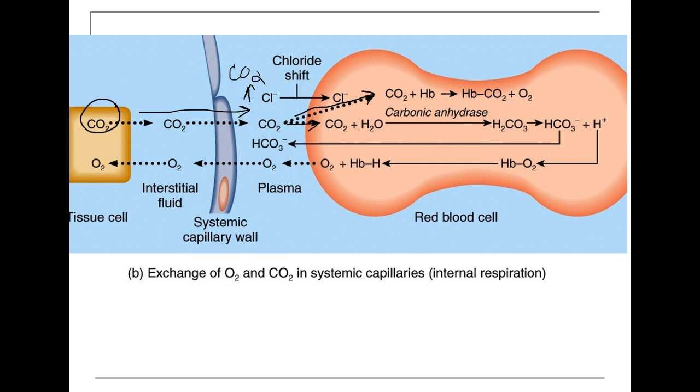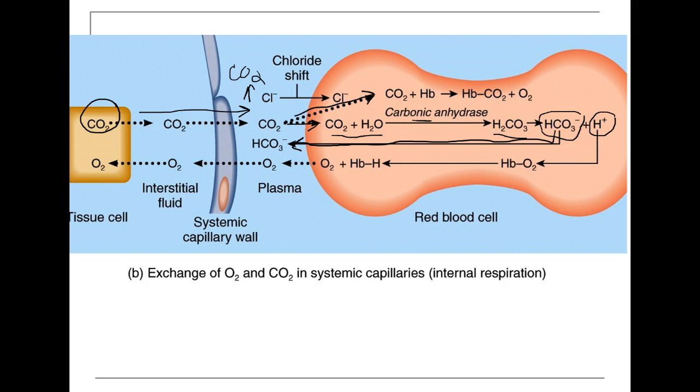Then it will combine with the water, catalyzed by that enzyme, carbonic anhydrase, to form carbonic acid. Carbonic acid will dissociate into the bicarbonate ion and the hydrogen ion. So look and see what happens to this bicarbonate ion as it builds up. It begins to build up inside the cell, and it'll move back out of the cell and will be transported in the plasma as the bicarbonate ion.